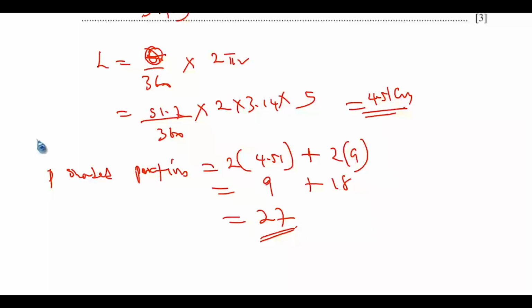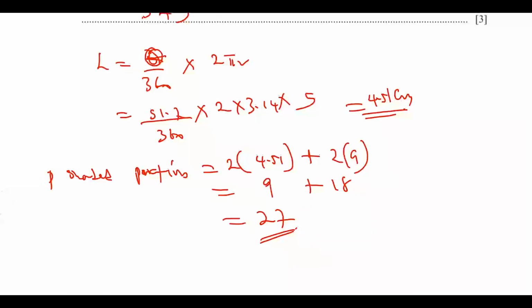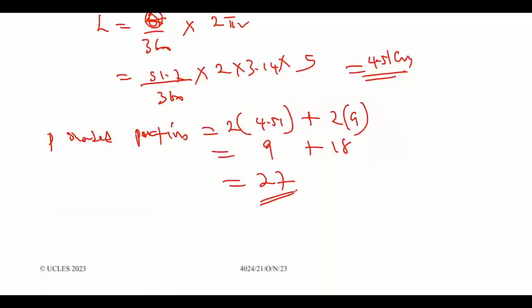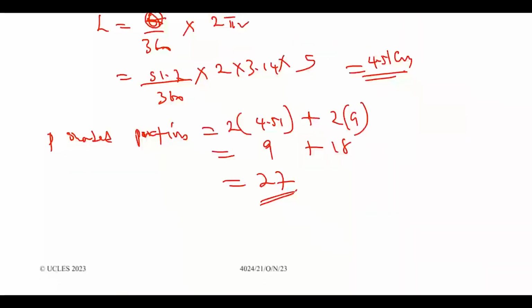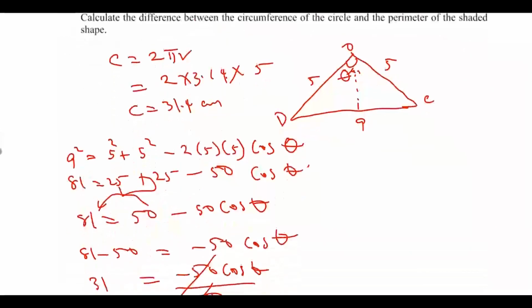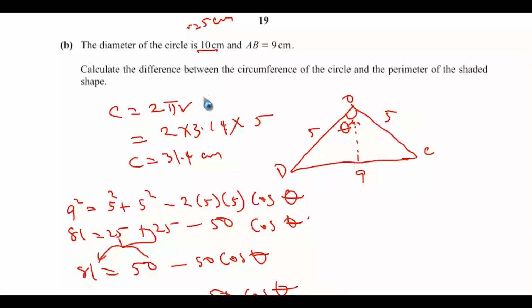So now, we know the perimeter of the shaded portion, and we know the circumference of the circle. We are asked to find the difference. Where is it? Okay, it should be here. Oh, I was doing it in a wrong place. So we are asked to calculate the difference between the circumference of the circle and the perimeter of the shaded portion. The perimeter of the shaded portion we found to be 27 centimeters, and the circumference of the circle we found to be 31.4.